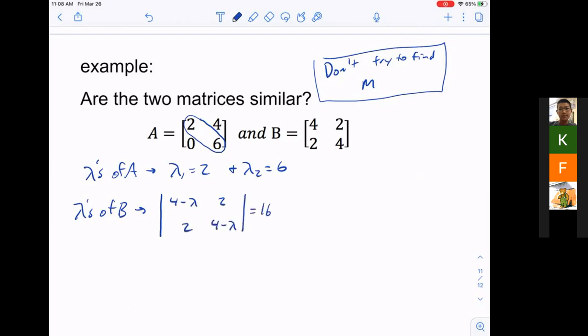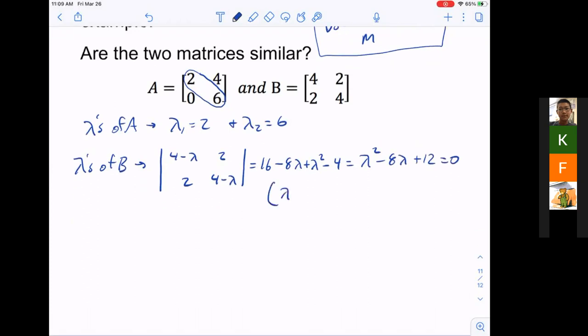So we have 16 minus 8 lambda plus lambda squared minus 4. So we have lambda squared minus 8 lambda plus 12 equals 0. So we have lambda minus 6 and lambda minus 2. So we have eigenvalues also 2 and 6.